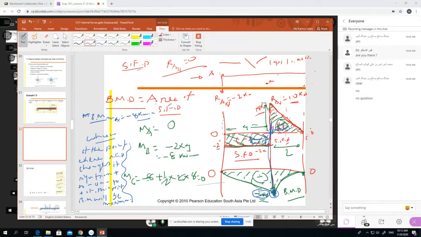Here you see we had 8, right? And here we had the distributed load. As I told you, if there is no load here, we go straight horizontally with zero slope. But at this point, what is actually happening? Try to understand.